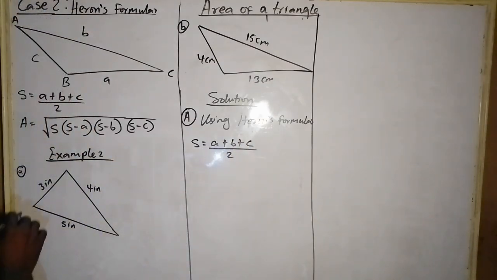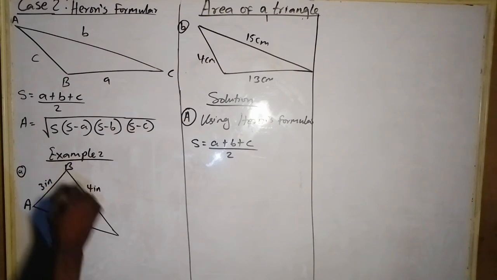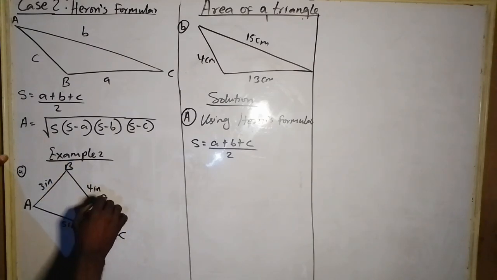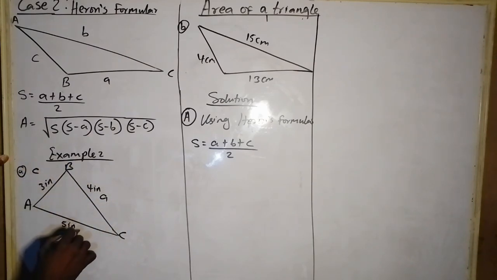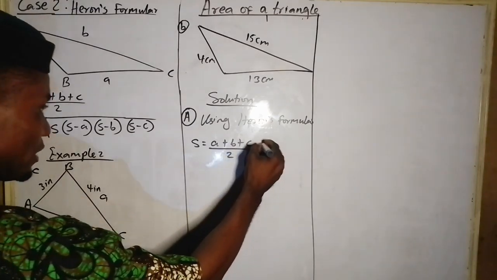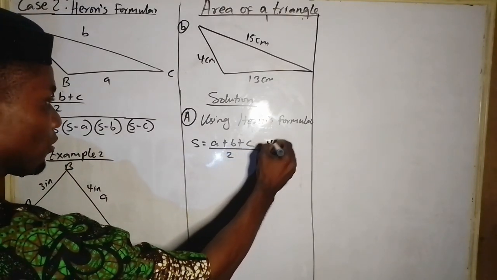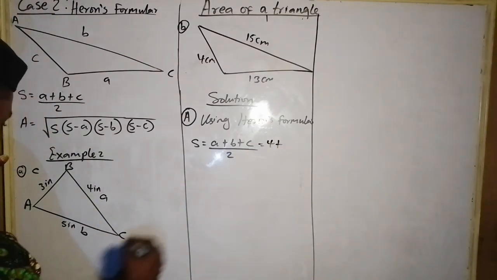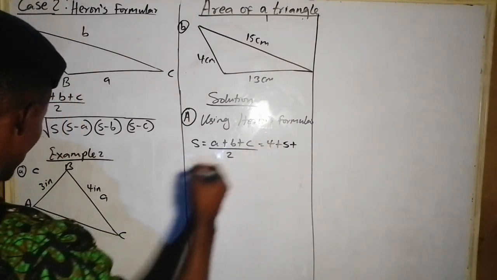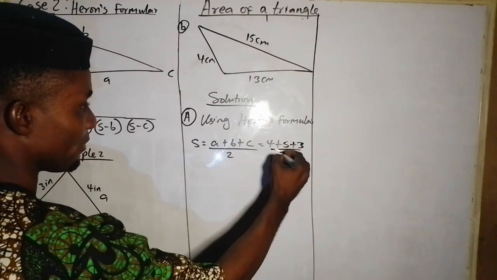Now, we can name our sides A, B, and C. This is my A, this is my C, and this is my B. So I can sum it up by saying 4 plus 5 plus 3 divided by 2.